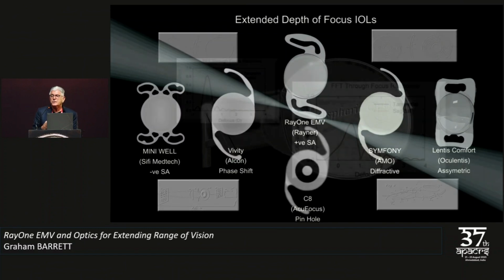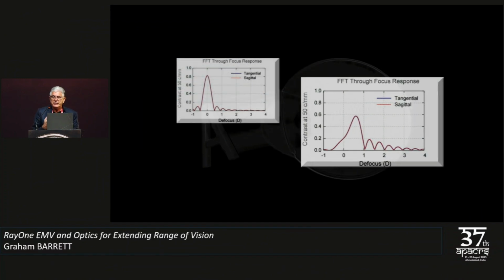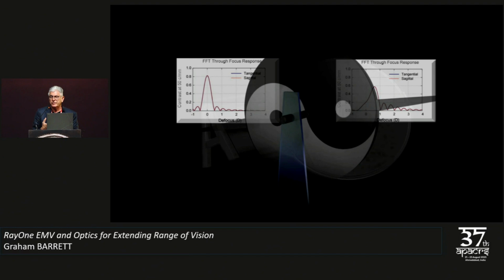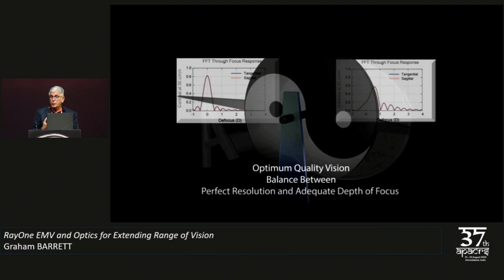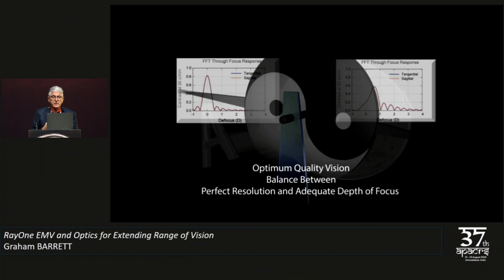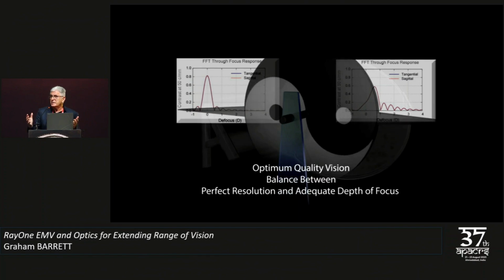The first was the initial concept: what is perfect vision? Perfect vision really is a balance of good resolution, but also adequate depth of focus. And when I looked at the optics and what you could do with optics, I felt that positive spherical aberration was the best principle to achieve the same.